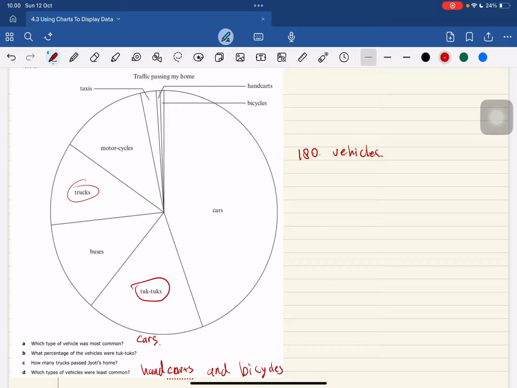Okay, now how can we find the percentage? Remember, the whole is 100%. But how can we find the percentage of it? So we need to remember the formula. So it's n over 360 degrees times 100. Okay, 100. So we should know the angle of each.